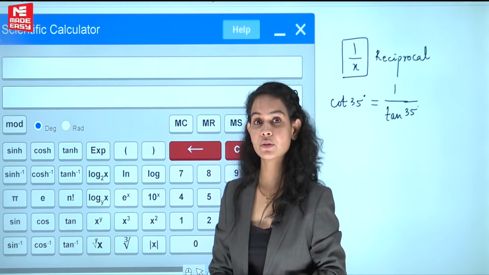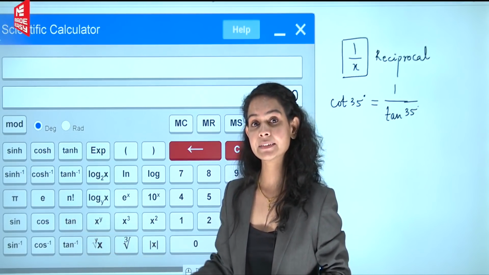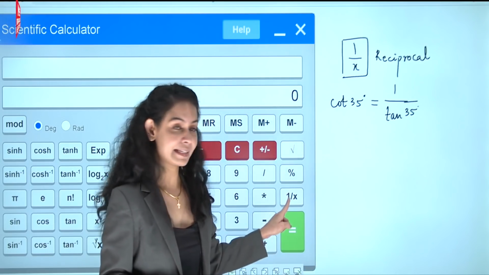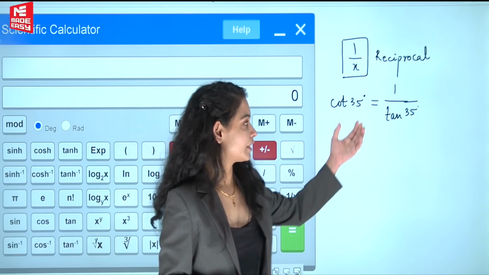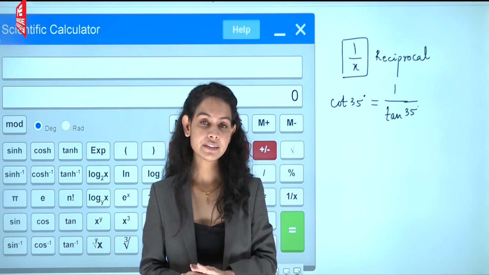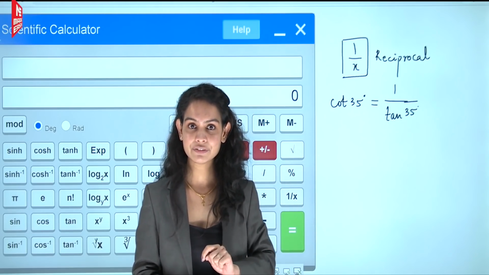As you can see, there is no cosec function, sec function or cot function here. So to calculate those values or to find reciprocals, we will be using this 1 by x tab. Now let us say we need to calculate the value of cot 35. The value of cot 35 can be calculated by taking 1 upon tan 35.